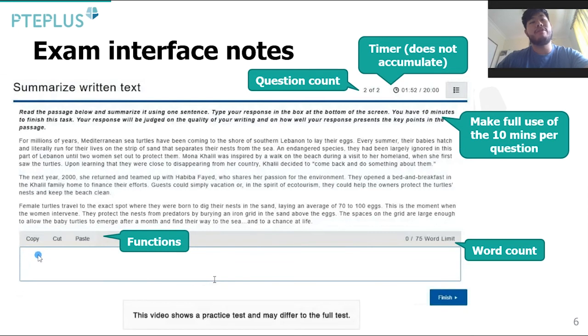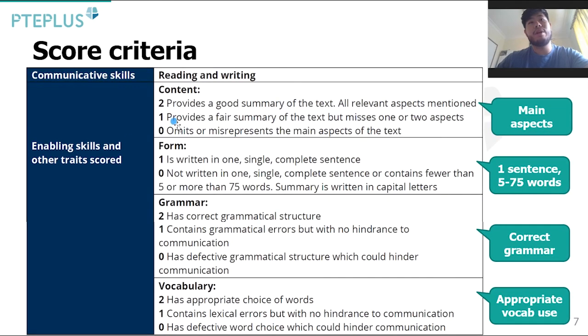At the bottom, we've got different functions like copy, cut, and paste to help us organize our answer, as well as we've got a word count here telling us how many words we've got. In terms of score criteria, we can see that it's divided into 4 different types of scores. We've got 1 to 2 for content. These talk about the main aspects. So you can see here all relevant aspects mentioned.